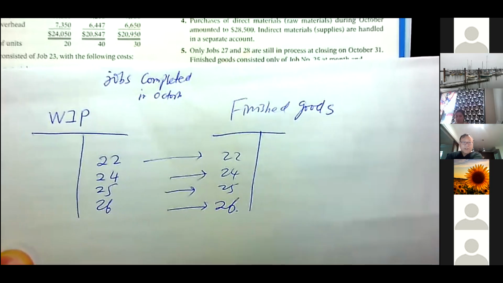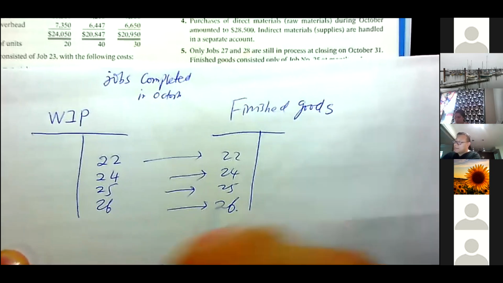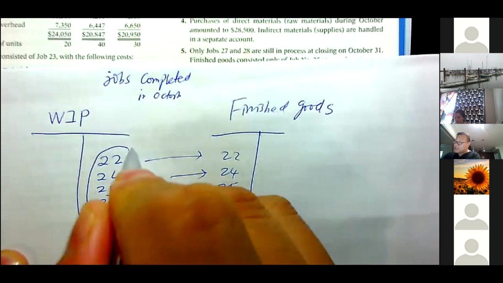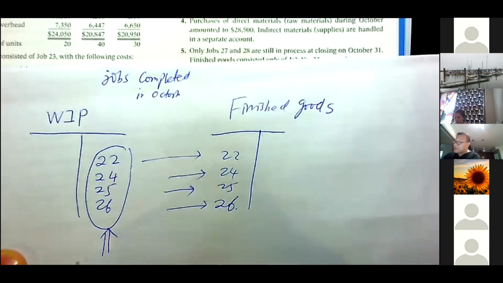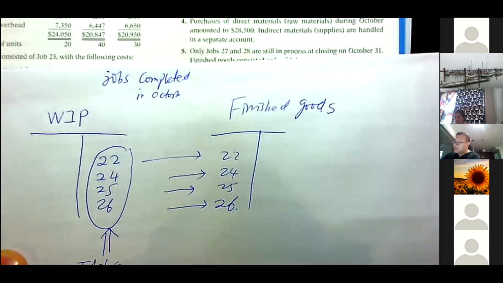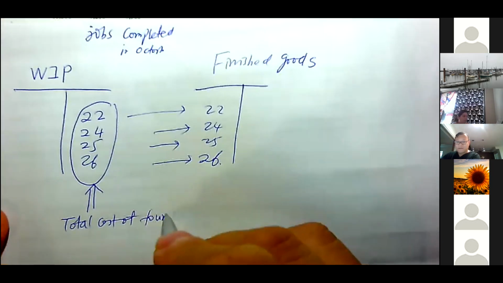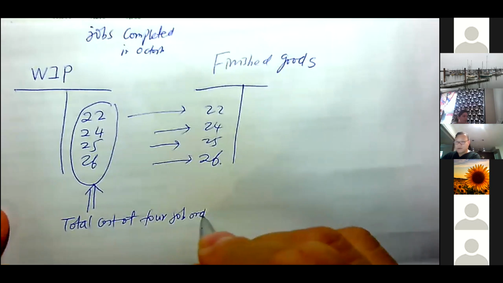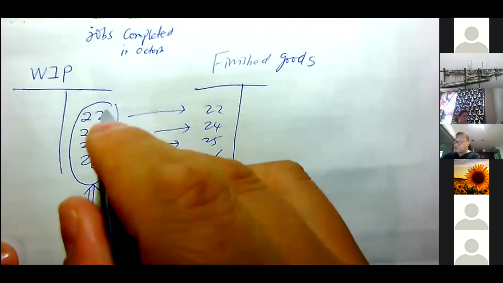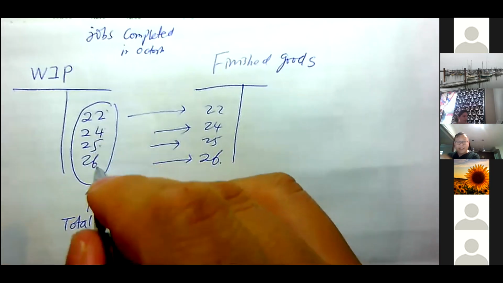So what is the cost of goods manufactured? I just need to figure out the total cost of the four job orders: 22, 24, 25, 26.